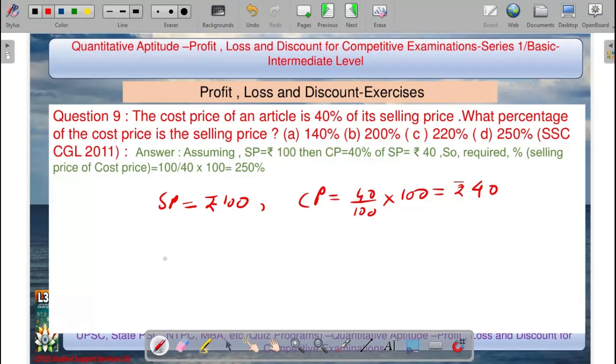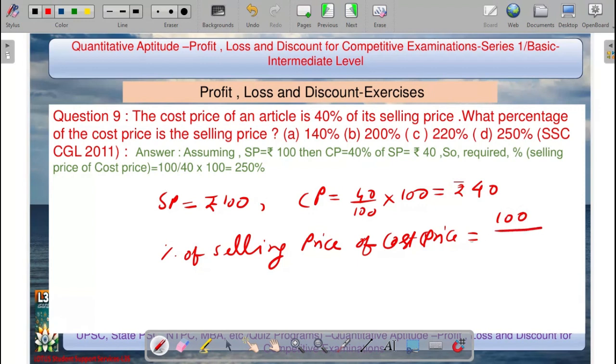So what percentage? Percentage of selling price of cost price. That means what is the selling price? 100, and it is of cost price. What is the cost price? 40.